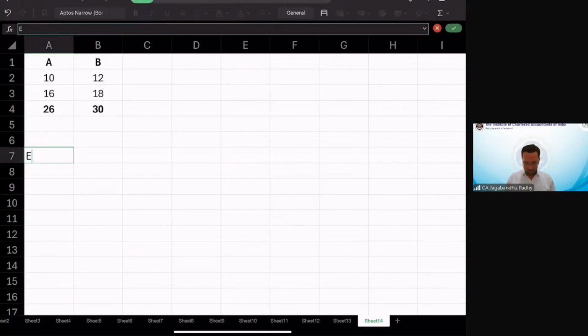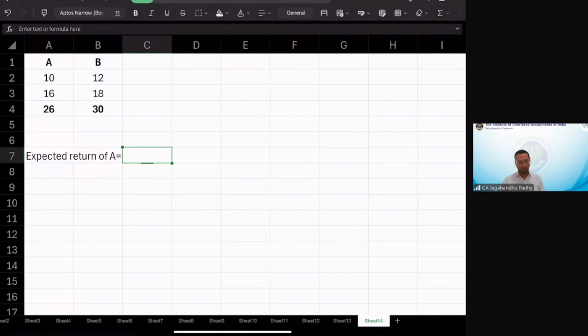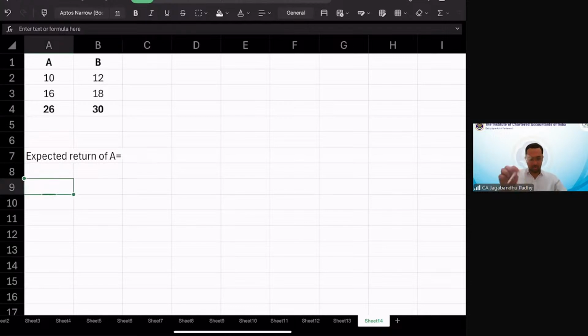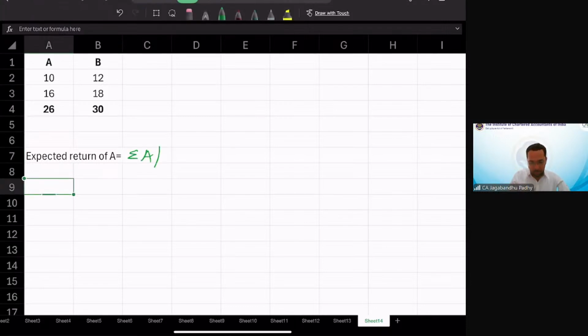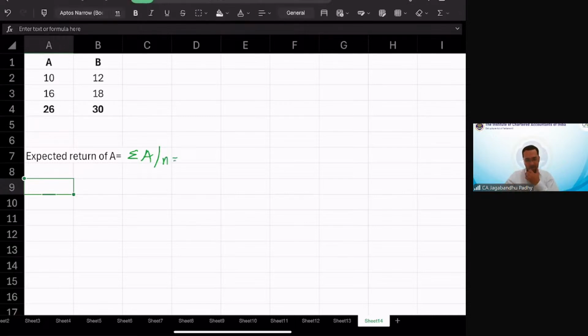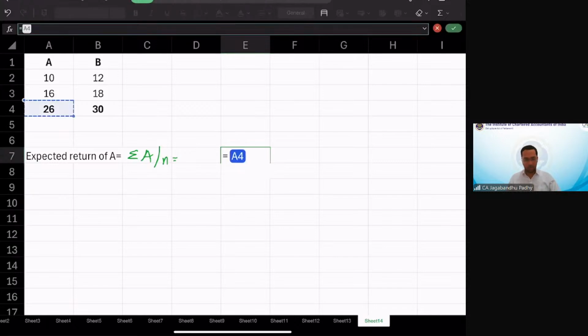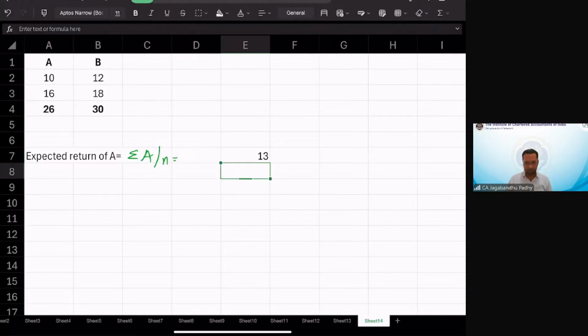So expected return of A will be simply the average of A, which is summation of A divided by N, or you can say 2. This is nothing but 26 divided by 2, which is 13.